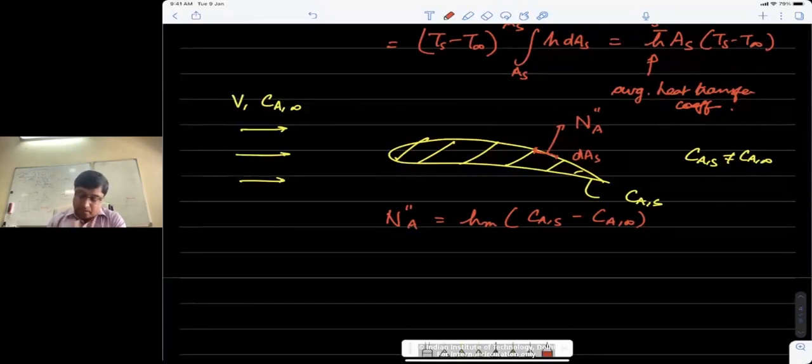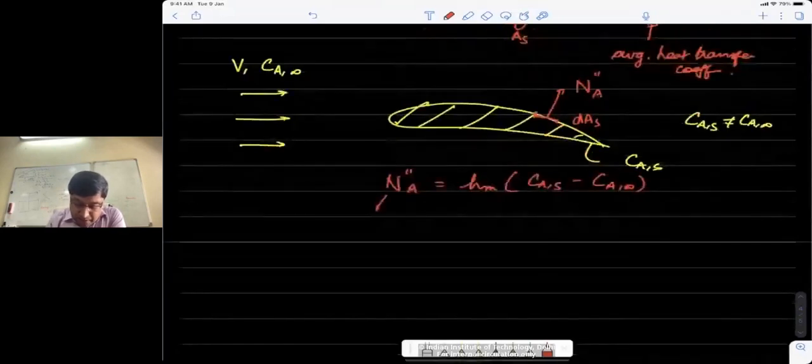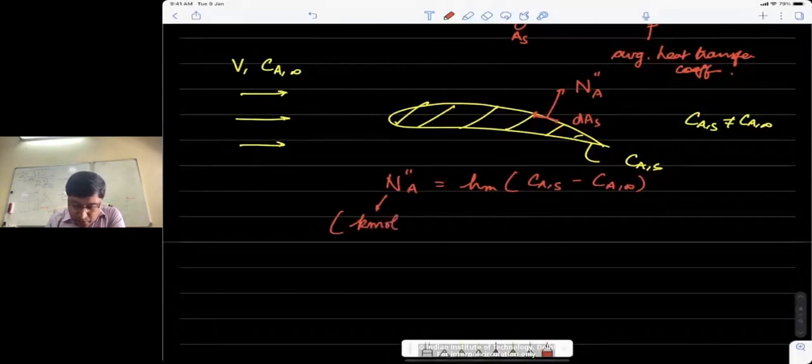Okay, so that is the flux. Now there are some specific things you need to know already. Flux has units of kilomole per meter square second. Concentration has units of kilomole per meter cube.